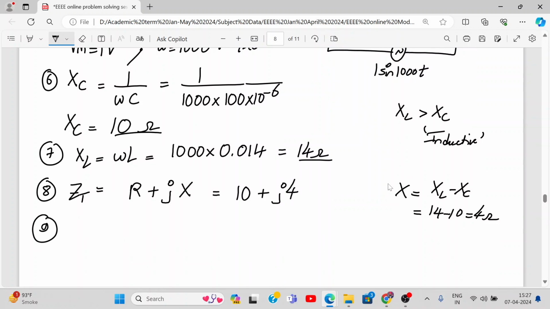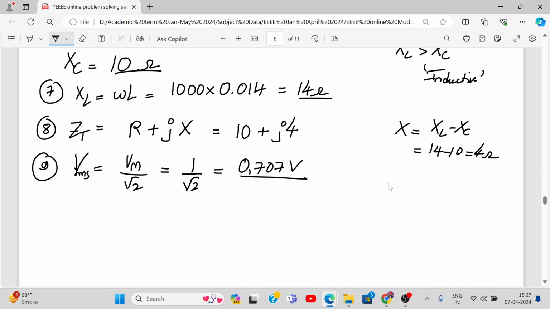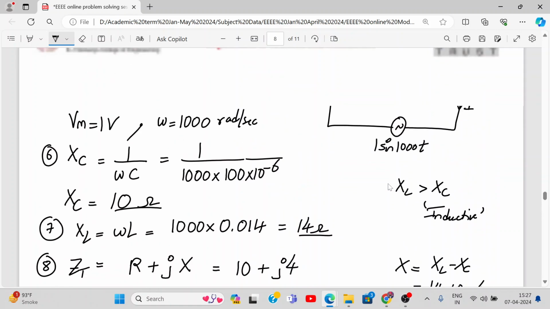Yes or no? Now what is total V in RMS? Vm is given, Vm by root 2, that is 1 by root 2. So what is V RMS? 1 by root 2 is 0.707. Is it not? Hello, are you listening?